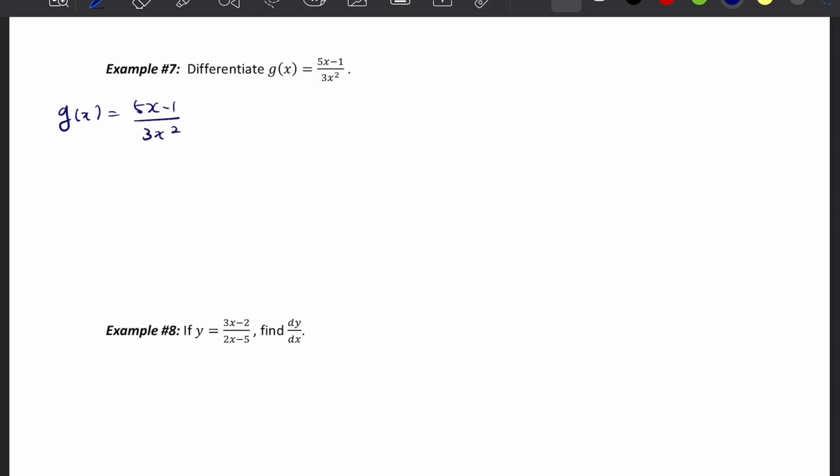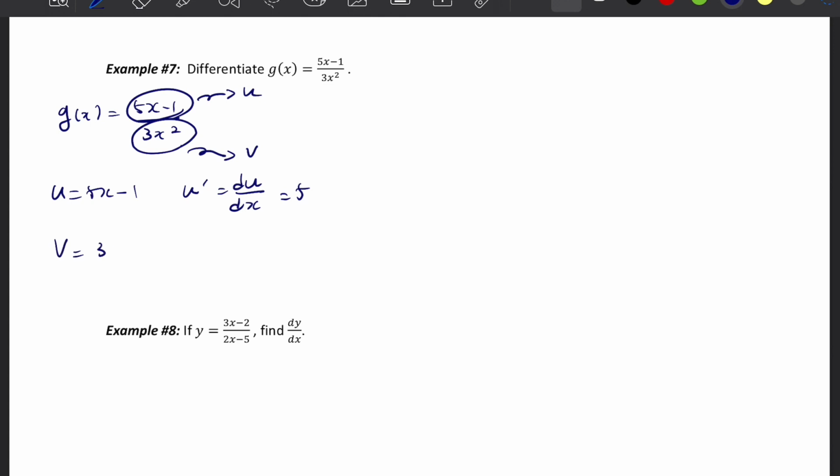I'm going to set 5x minus 1 as u, 3x squared as v. Then u is equal to 5x minus 1, u prime or du over dx is 5. v is 3x squared, v prime or dv over dx is 6x.